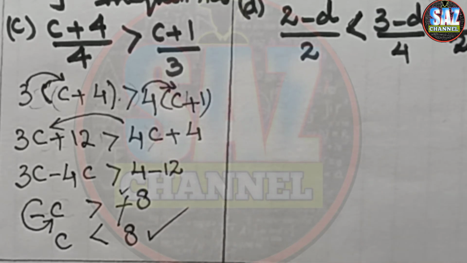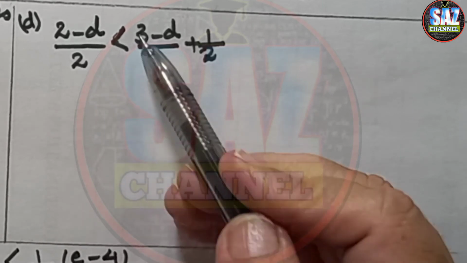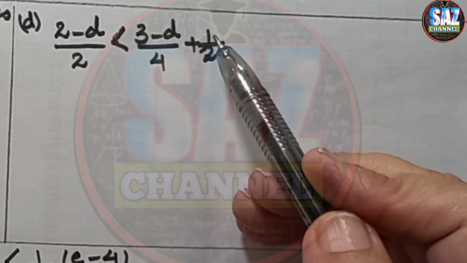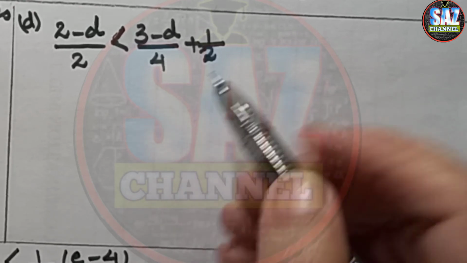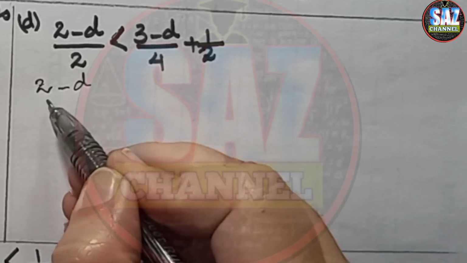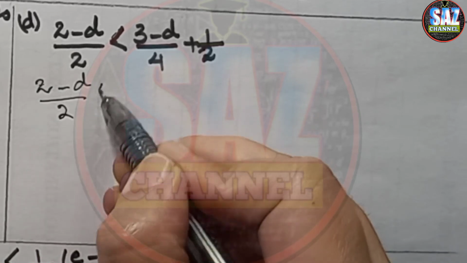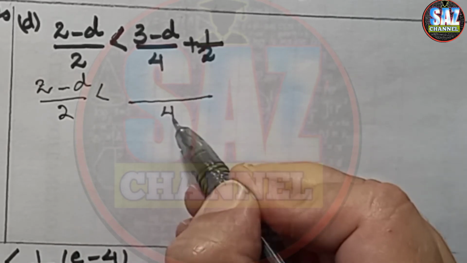Let's move to the next question. The next question is (2 minus d) upon 2 is less than (3 minus d) upon 4 plus 1 by 2. First, it's better to take the LCM. So the inequality will take the form (2 minus d) upon 2 is less than, LCM of 2 and 4 will be 4.